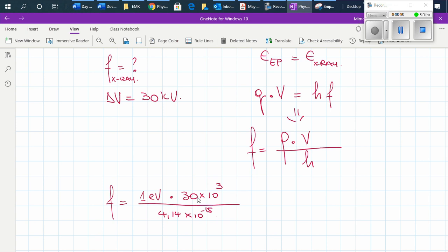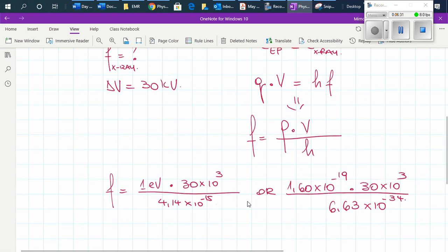Or if we are writing what the electron volt is, 1.60 times 10 to the power of negative 19 times 30 times 10 to the power of 3 over 6.63 times 10 to the power of negative 34.